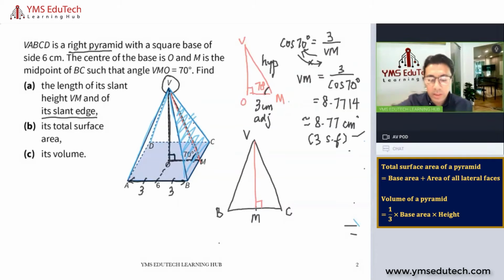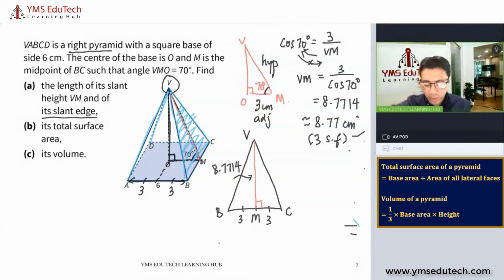We have calculated VM, which is 8.7714. So we take our value first to 5 significant figures. And the base of this right angle triangle, 3 and 3.